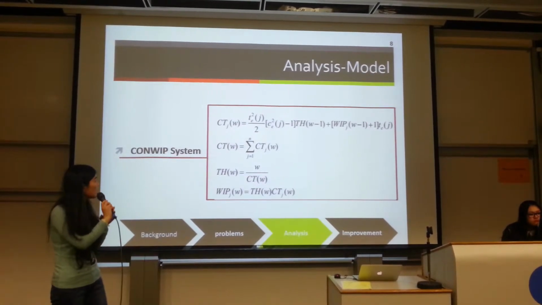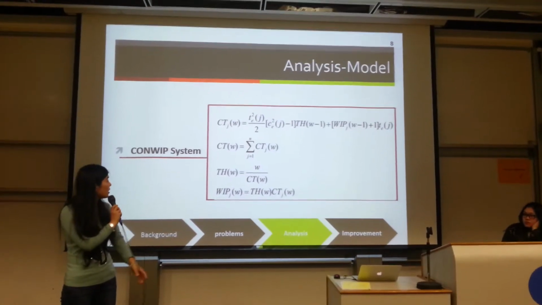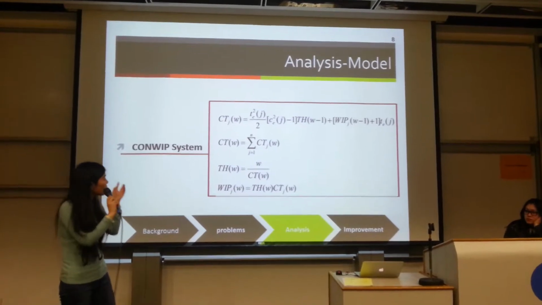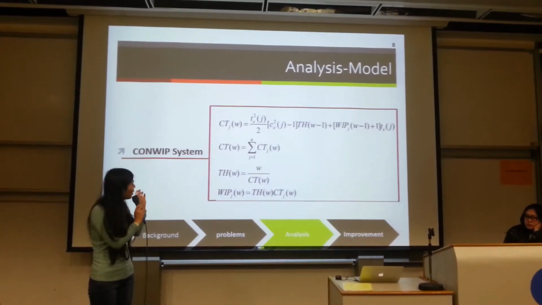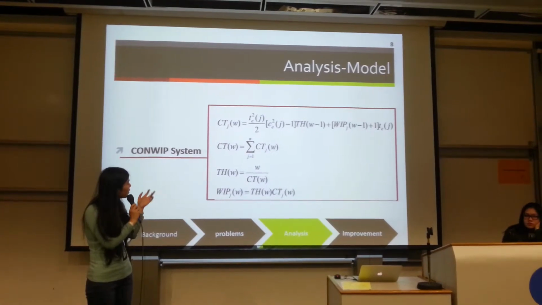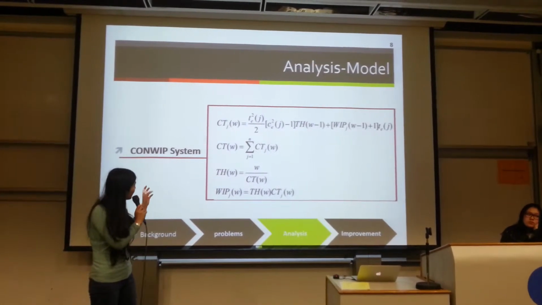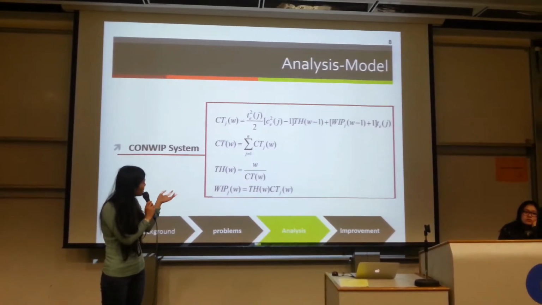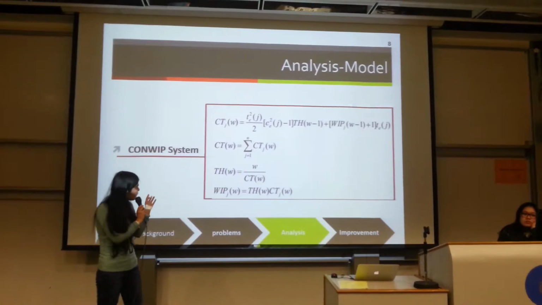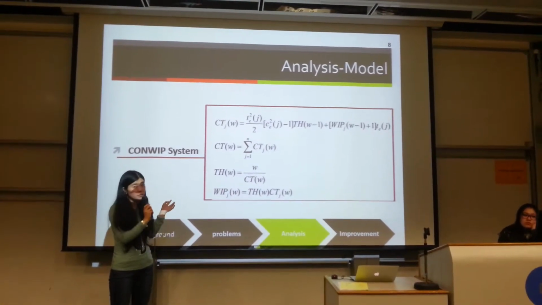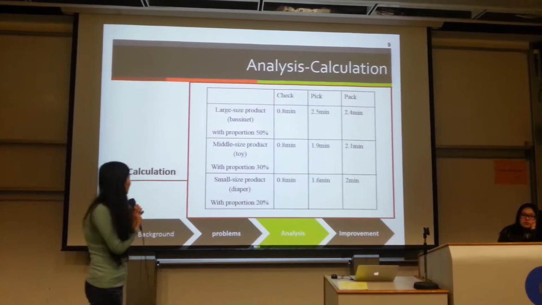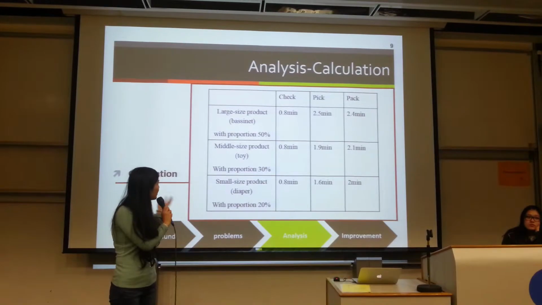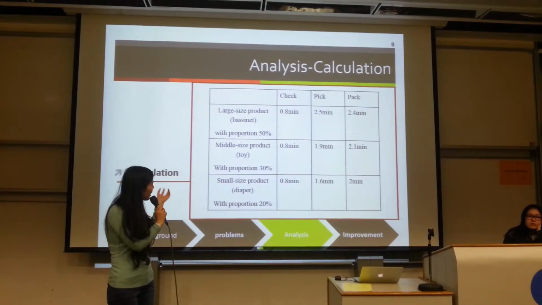We learned some algorithms in class for this model, and we can use this algorithm to calculate different WIP levels. There will be different cycle times for different stations, and we can calculate the WIP for different stations. We mainly have 3 products: the bassinet, the toy, and the diaper.